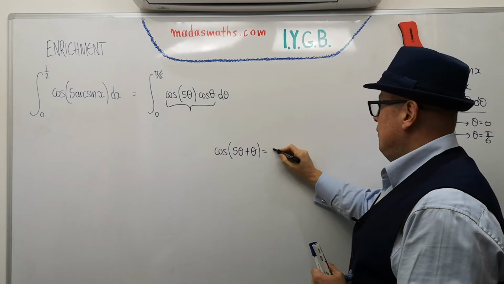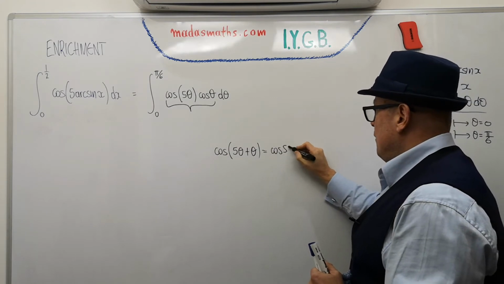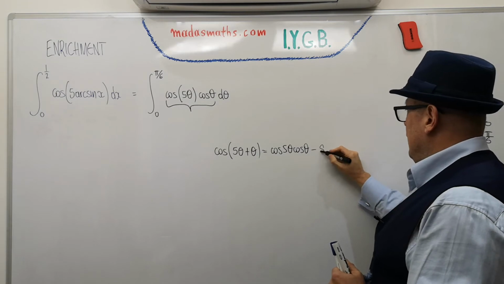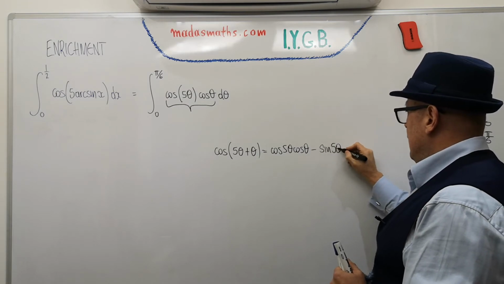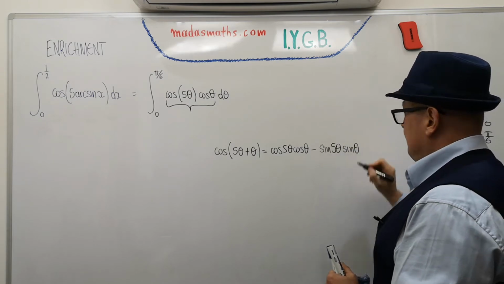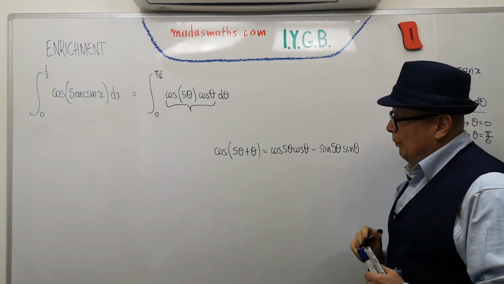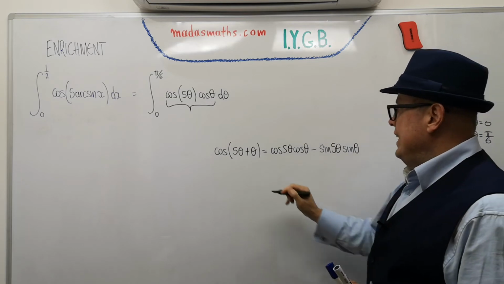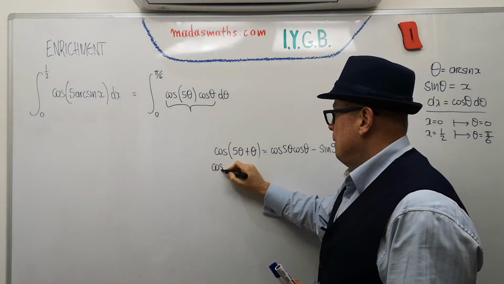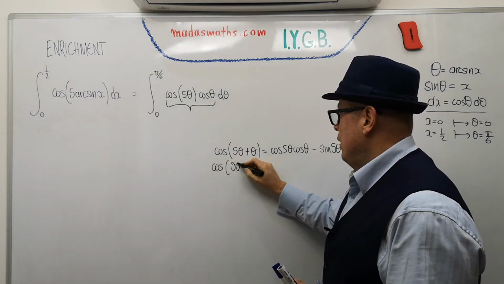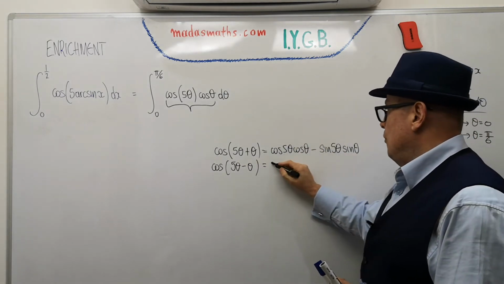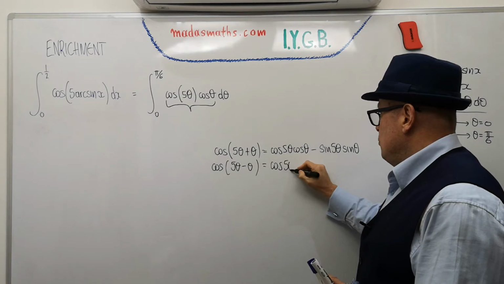So I can say this is cos 5 theta cos theta minus sine 5 theta times sine theta. This is my motivation. But of course, I have this unwanted term, which I can easily get rid of by writing the compound angle for cos, but with a minus this time. This will produce exactly the same thing, but with a plus in the middle.